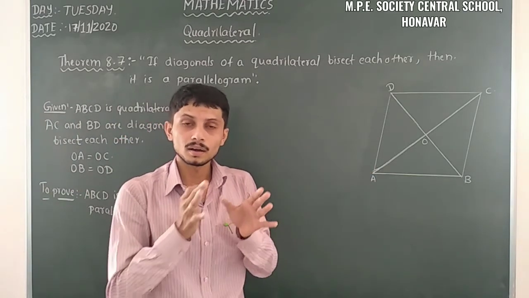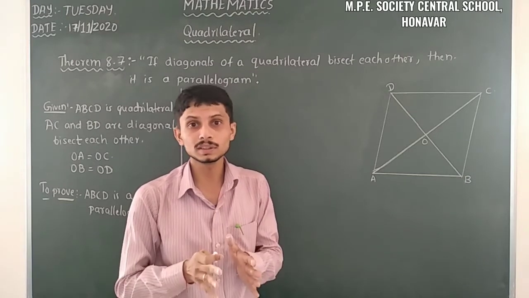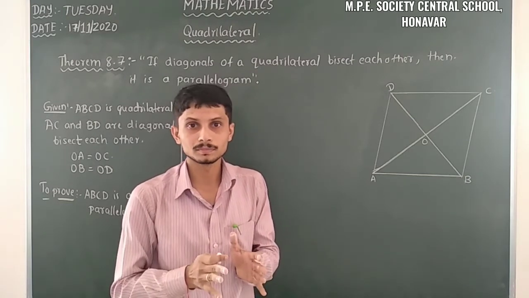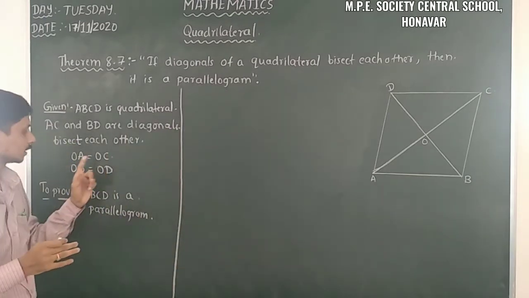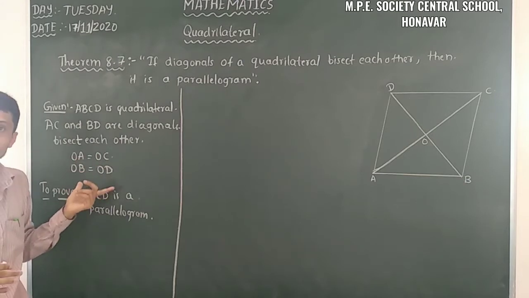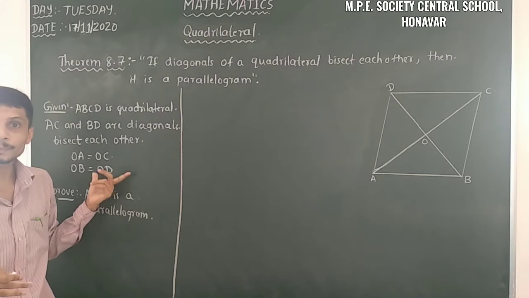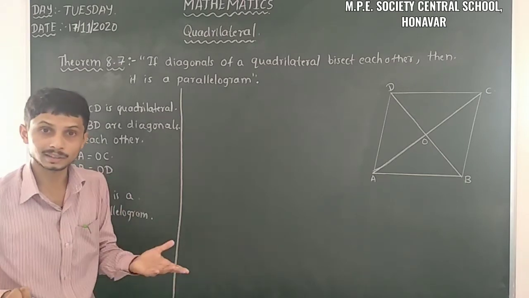But also we have to be aware of what the given things are. So here just observe OA, OC, OB, OD. We have two relationships here, and we have to use them as given things, so we have to consider those triangles.